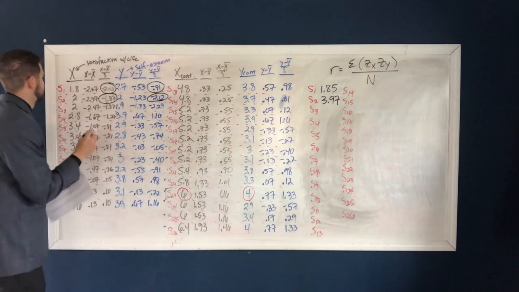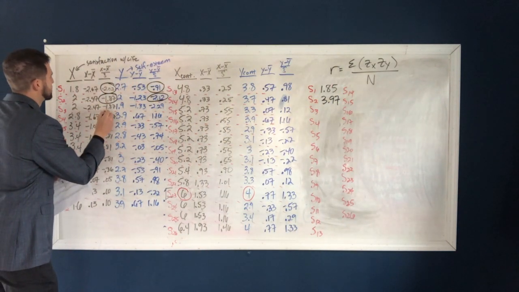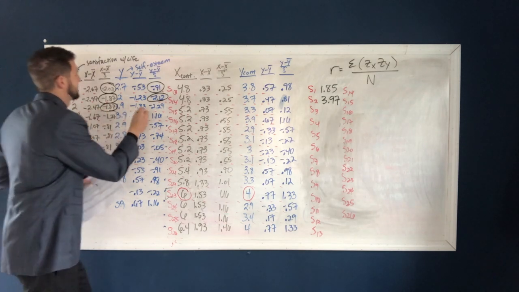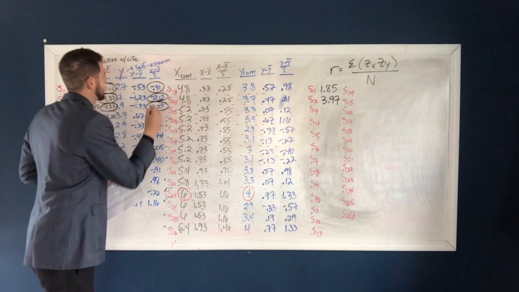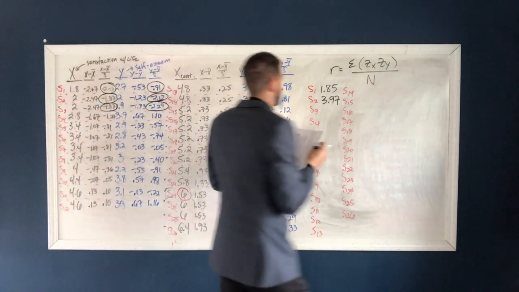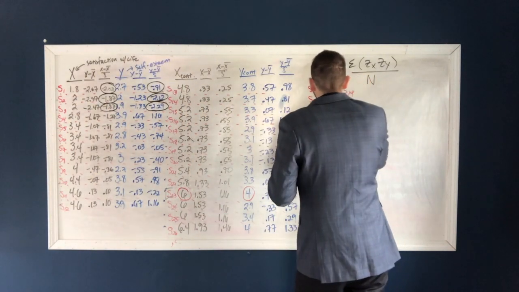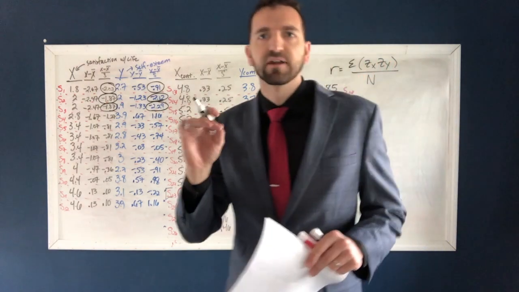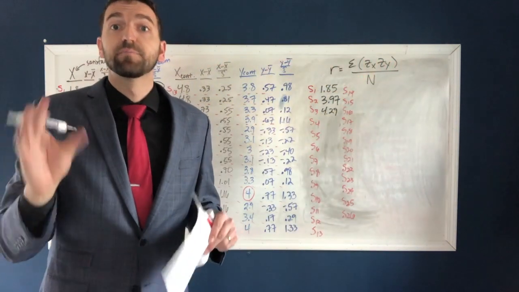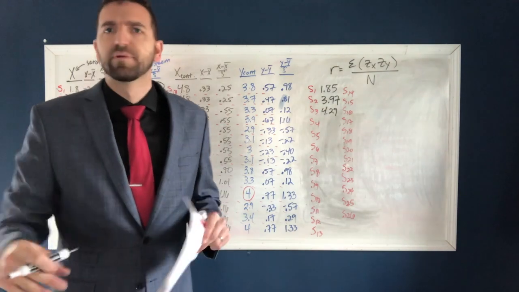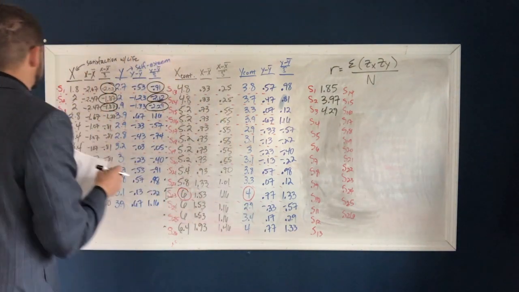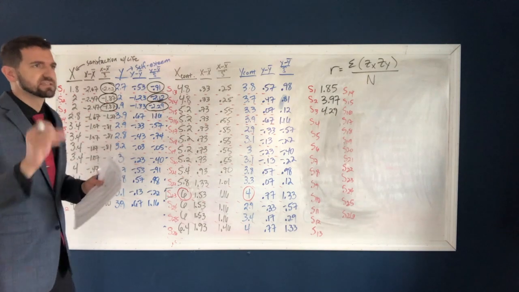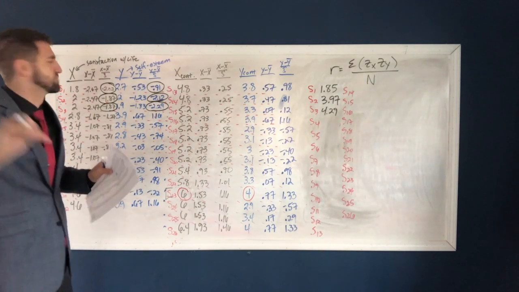Subject 3 has a z-score for satisfaction with life of negative 1.87, for self-esteem negative 2.29. If you multiply those together, you get 4.29. So I'm going to keep on going, and I'll pick it up towards the end. Just keep on multiplying the z-scores together per subject.